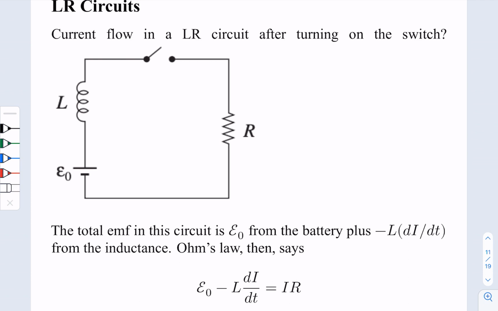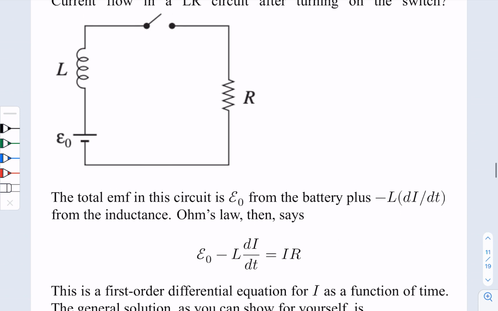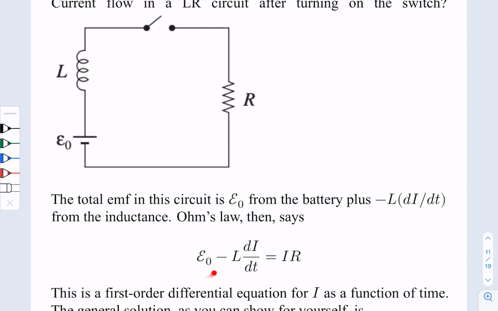So now if we write down Ohm's law, the total EMF along this loop is the EMF produced by the battery, plus an additional back EMF produced by this solenoid, and that voltage must equal IR.